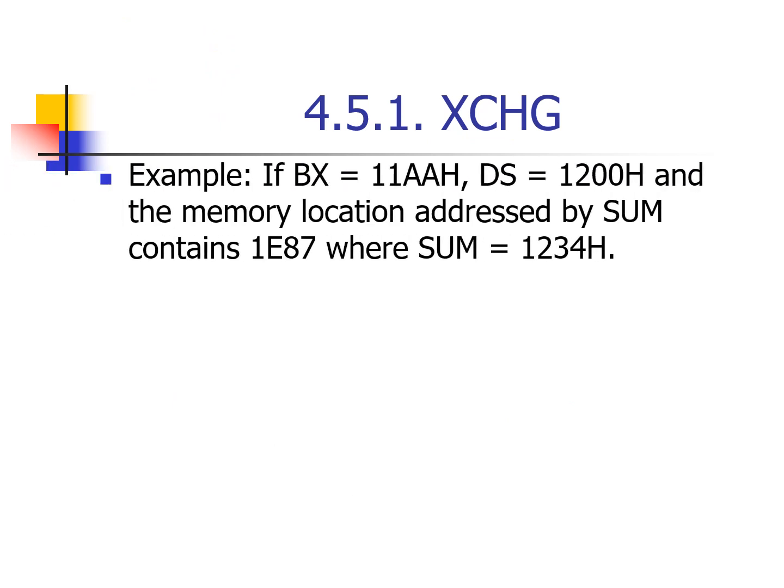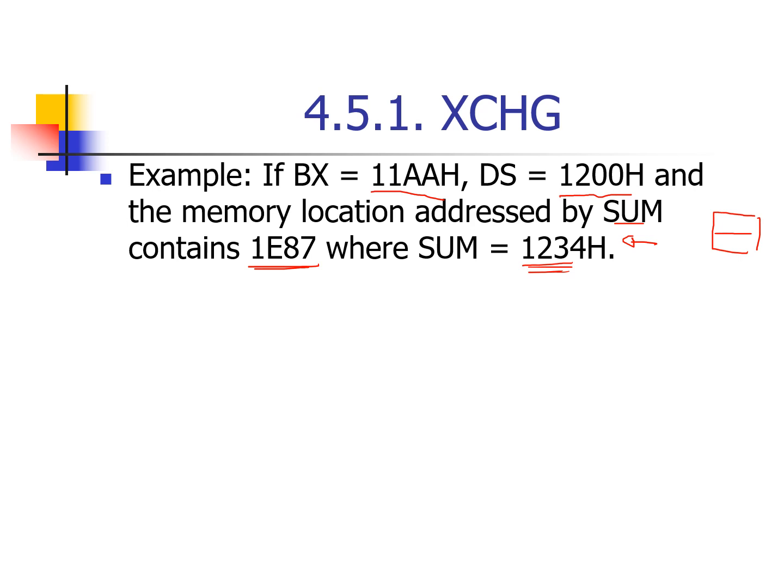For example, if this is the value inside your BX, and this is the value inside your DS, and a memory location pointed to by sum, this is the offset of the sum, and inside this memory location, this data is stored. So this memory location points to not a single byte, but to 2 bytes.